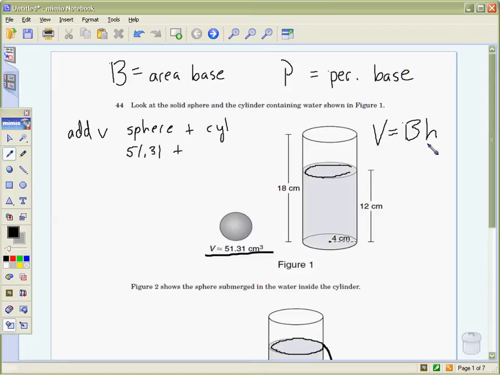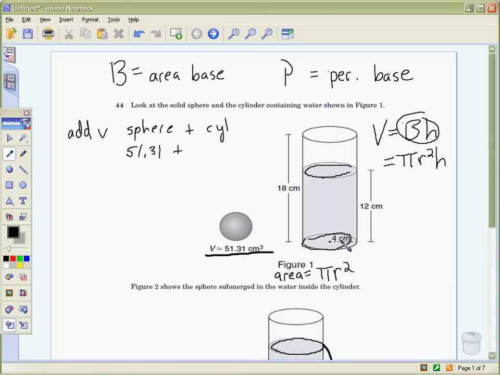Well, the base is in the shape of a circle with a radius of 4. And the area of a circle is found by multiplying pi times the radius squared. So I can just plug pi times the radius squared in for big B, then tack on my h, and so this expression here is equivalent to this expression here.